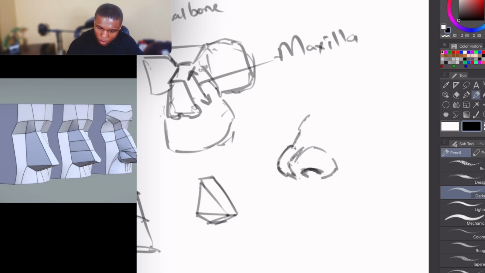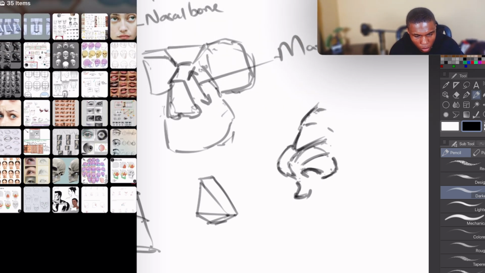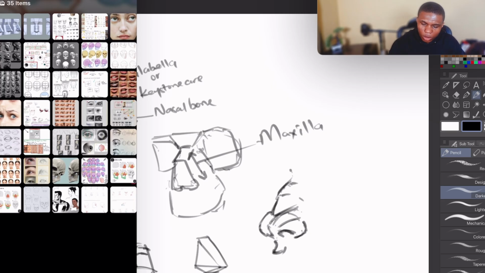The wings of our nose, like this. And then our upper cartilage over here. I can put your philtrum over here. Yeah, so just get realistic noses and try and get breakdowns. Get breakdowns of the nose as well, very important. Get breakdowns of the nose and actually draw them.